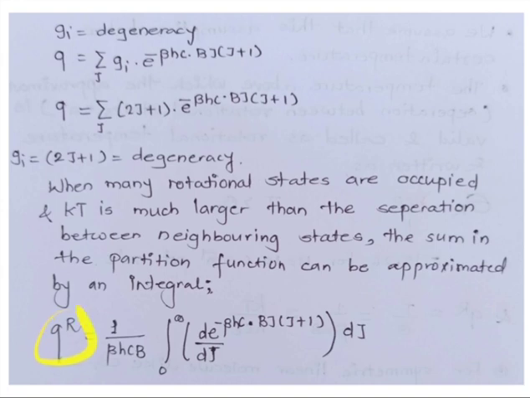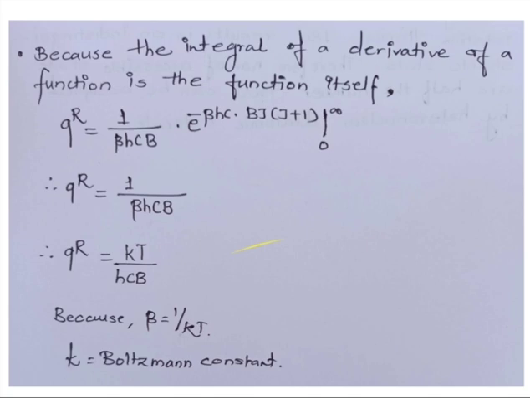So the rotational partition function QR is equal to the constant terms taken outside, minus beta hcB as 1 upon beta hcB, and the integration goes from 0 to infinity of e raised to minus beta hcB J(J+1) dJ, because this partition function changes with respect to the change in energy level number J. So QR is equal to 1 upon beta hcB into e raised to minus beta hcB J(J+1), integration from 0 to infinity.